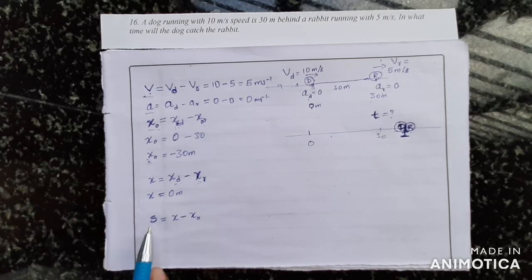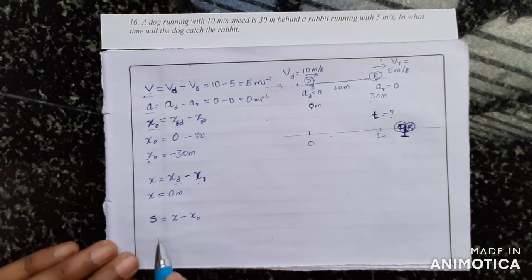Every time this is the same formula. When you take a single body in motion, displacement is equal to final position minus initial position of the body. Now relative displacement is equal to relative final position minus relative initial position.